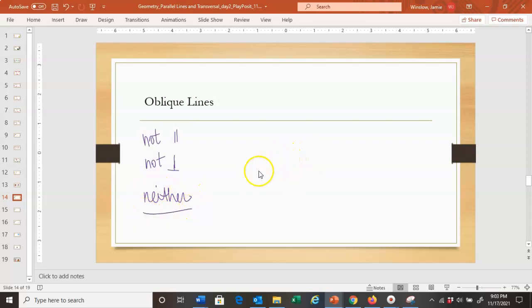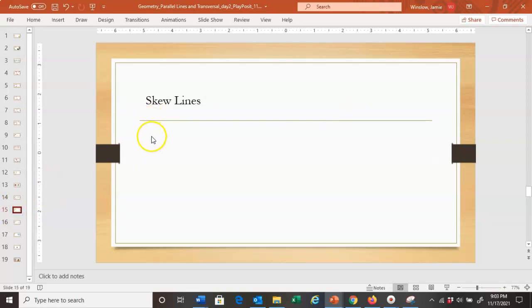Examples of lines like that might be this. You can see those are definitely not parallel because they're crossing, and they're not perpendicular because it's definitely not at a 90-degree angle. So this is an example of oblique lines. I do not know of a symbol for oblique, like parallel and perpendicular have.